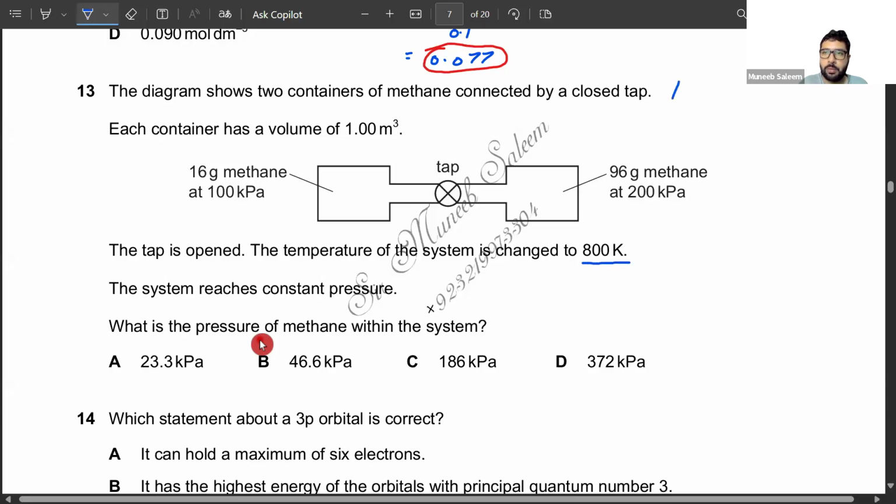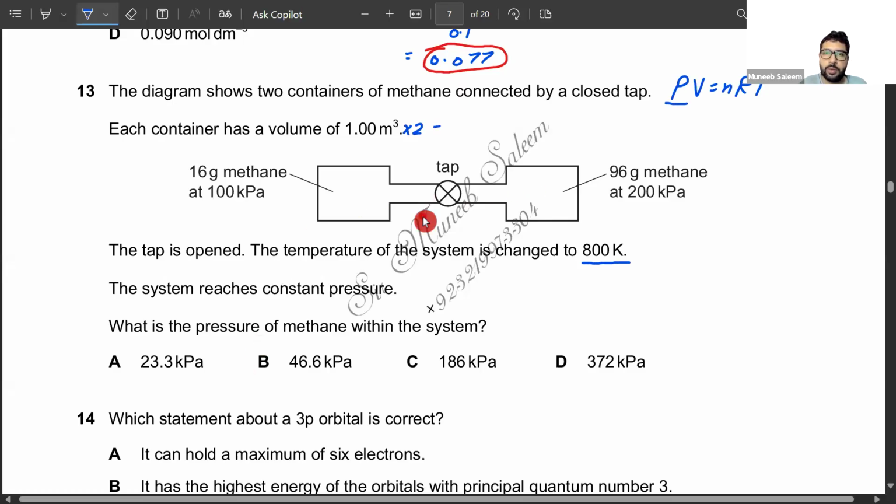We need to use the formula PV is equal to nRT over here to determine the pressure value when the tap was opened. So when the tap was opened, the volume has been changed from 1 meter cube into 2 times, because we know both sides have 1 meter cube volume.